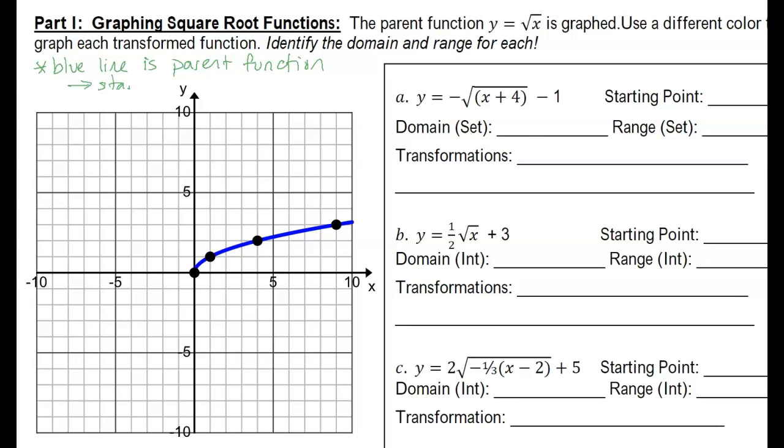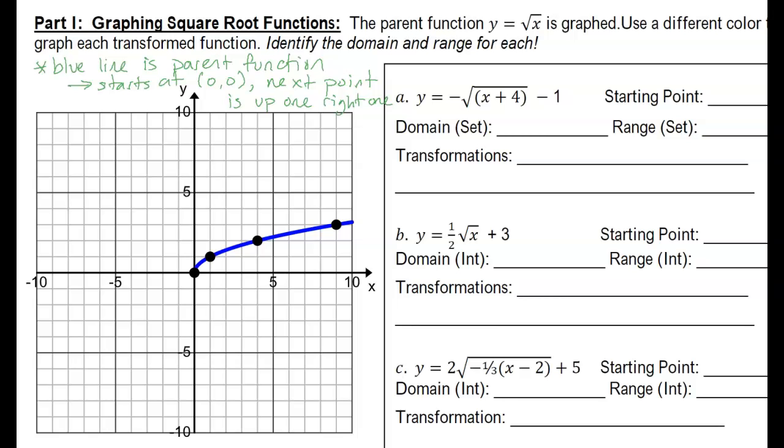Always starts at the origin, 0, 0. Because it's the parent function, where is the next perfect point? 1, 1. Yes, next perfect point is up 1 over 1. Up 1, right 1. That's how you know it's the parent function. It starts on the origin, and the next perfect point is up 1 over 1.